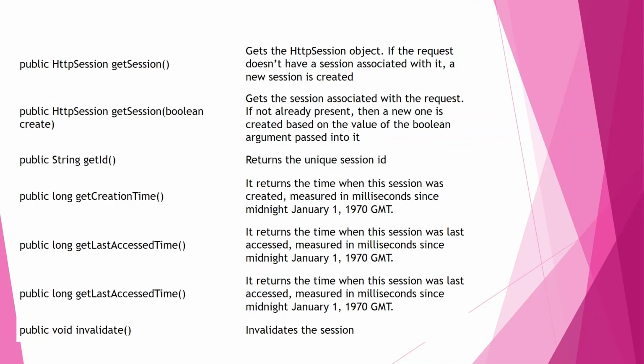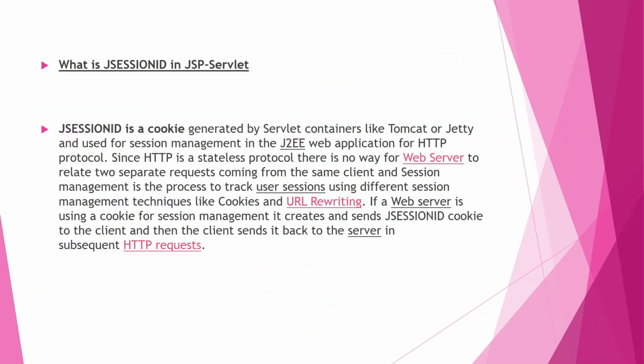Public long getLastAccessedTime returns the time when the session was last accessed, measured in milliseconds since midnight January 1st, 1970. Public void invalidate invalidates the session.